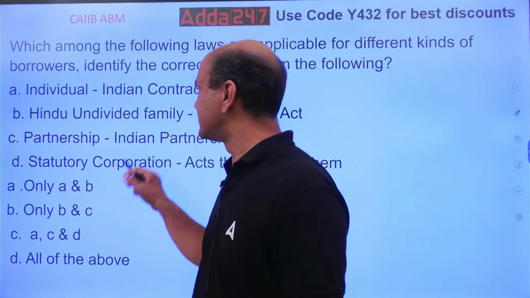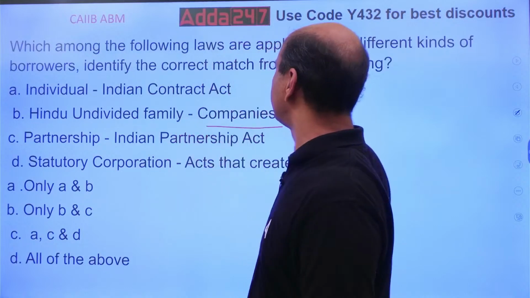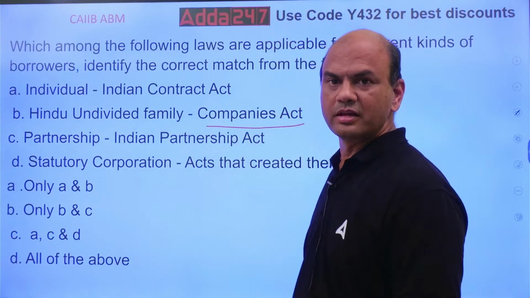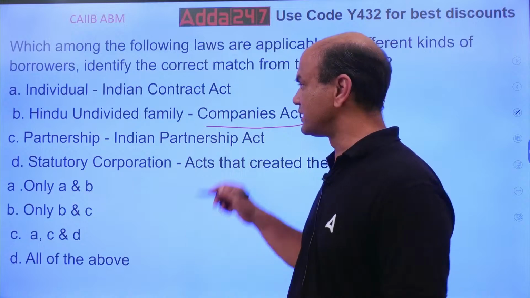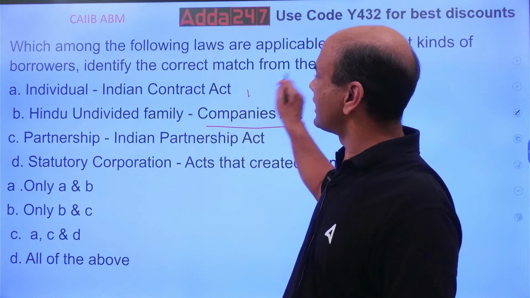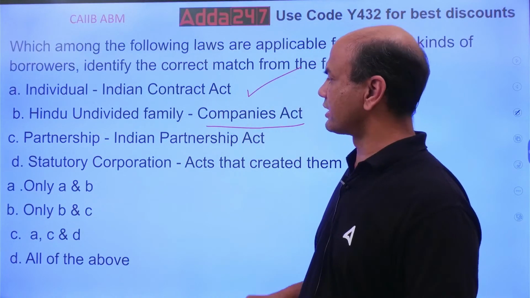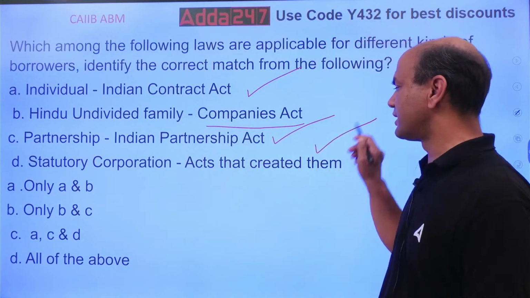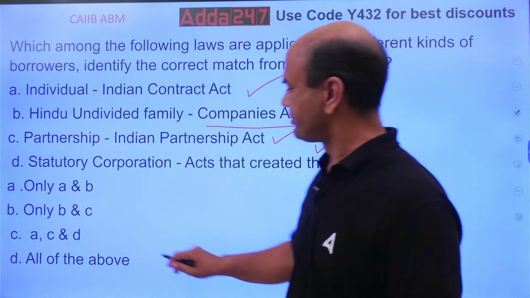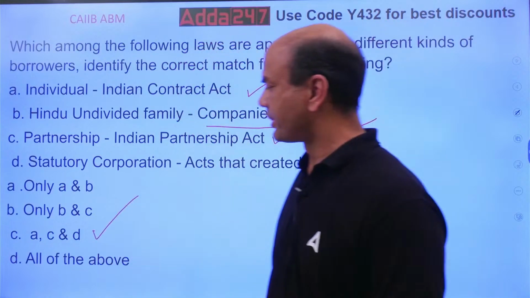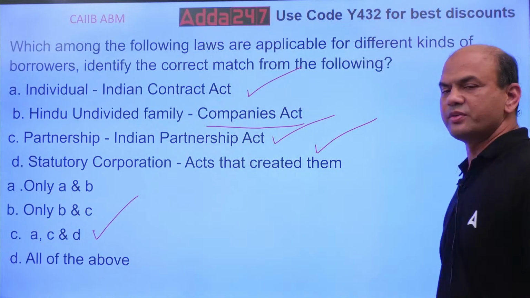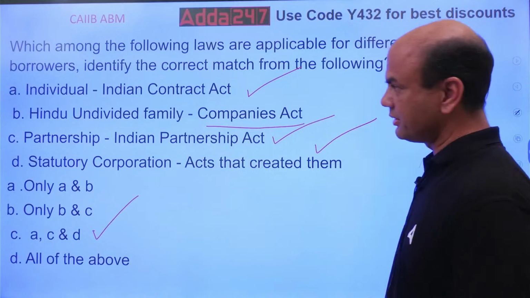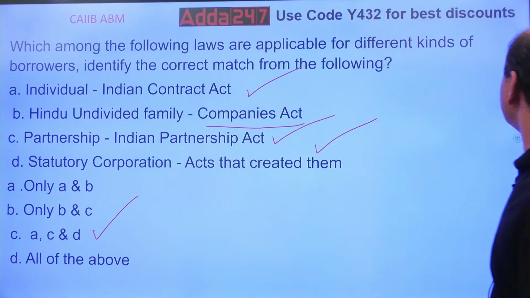A and B are correct. HUF is not governed by the Companies Act. How can HUF be governed by the Companies Act? So this is out. Indian Contract Act is correct, Partnership Act is correct, and statutory acts that create are correct. So A, C and D. HUF is not governed by the Companies Act. Got it?